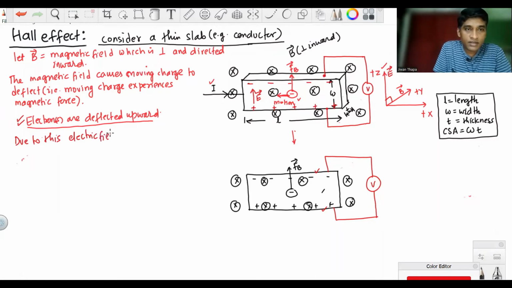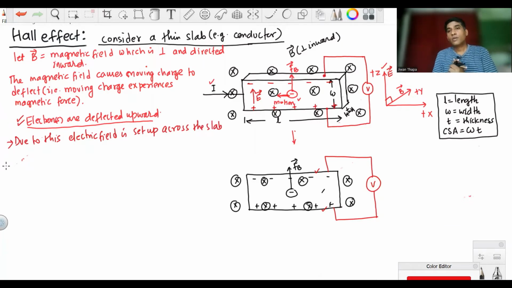An electric field is set up across the slab. So we have a potential difference between these two faces, that is, between the upper and the lower face.